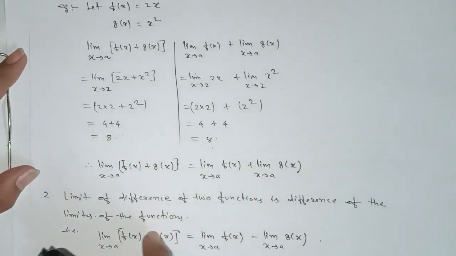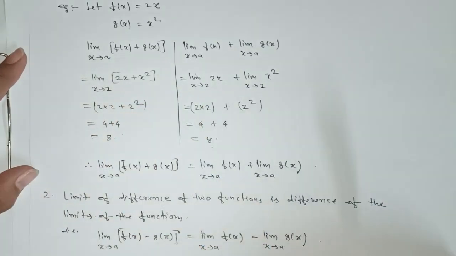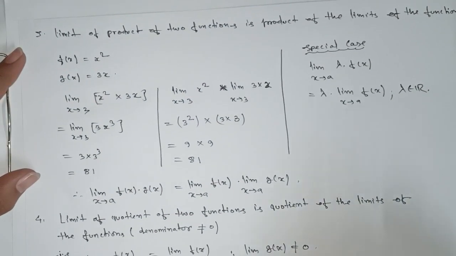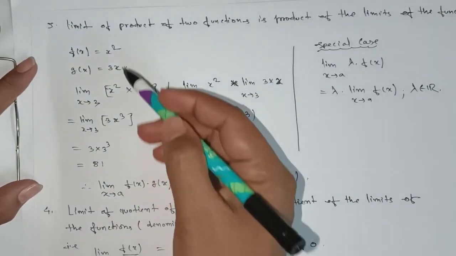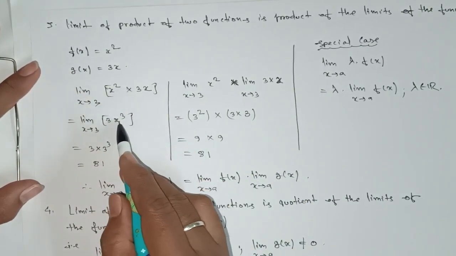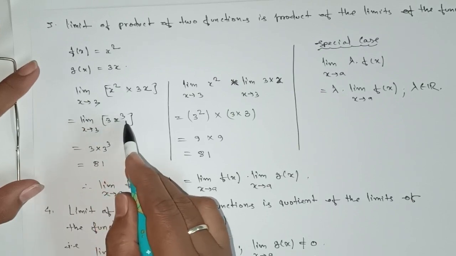I hope you can do it by yourself using the same concept as I have applied for addition. For subtraction you can apply it by yourself. Next, if you go for multiplication, the limit of the product of two functions is the product of the limits of the functions. I've taken the same problem. First I'll multiply, I'll get 3x cube. Now I'll apply the limit here by the substitution method.